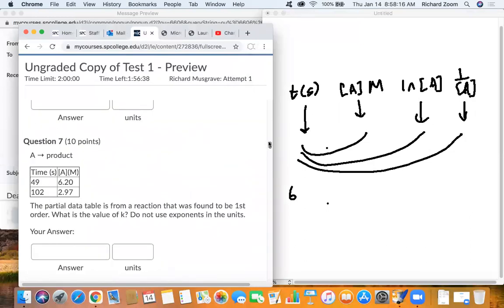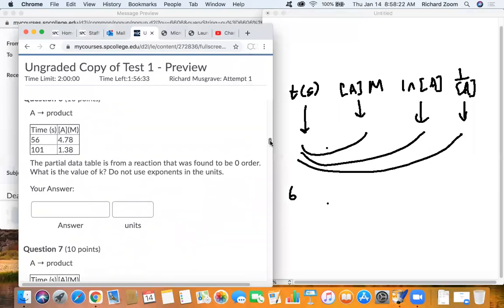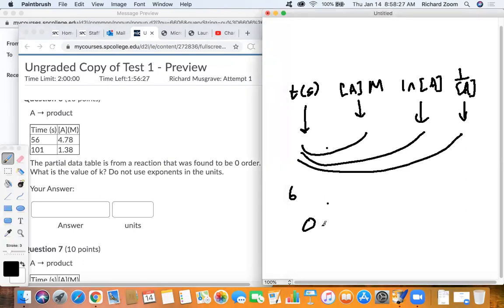So all you have to do here, if we're told here that the reaction is zero order, it's going to be change in the concentration of A over change in time, so delta Y over delta X, so it's just going to be 4.78 minus 1.38 over 101 minus 56.